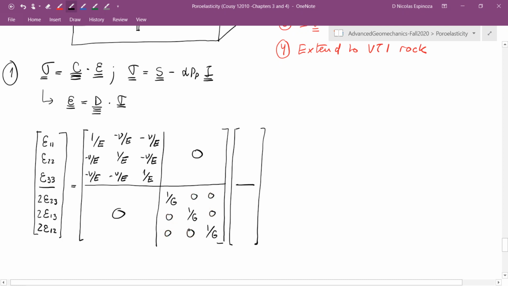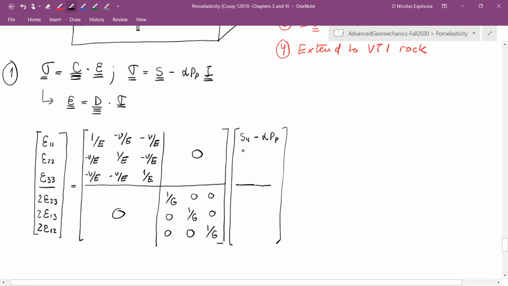And for the stresses, I'm going to use the effective stress given by the Biot equation. So actually, let me make this a little bit wider because I'm going to need that space. Sigma 11 is going to be equal to S11 minus alpha times the pore pressure.